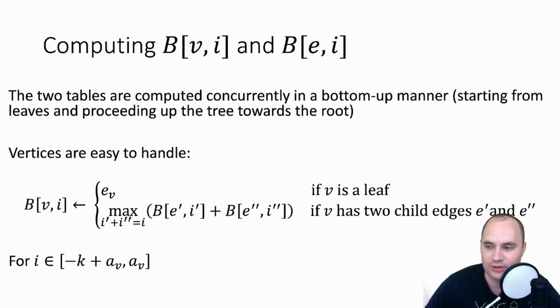What we need to do is decide how to partition this balance of I agents at V into I' and I'', two different balances for the corresponding child edges. And we just find which partitioning of the balance I gives us the maximum value for B of the corresponding two edges.